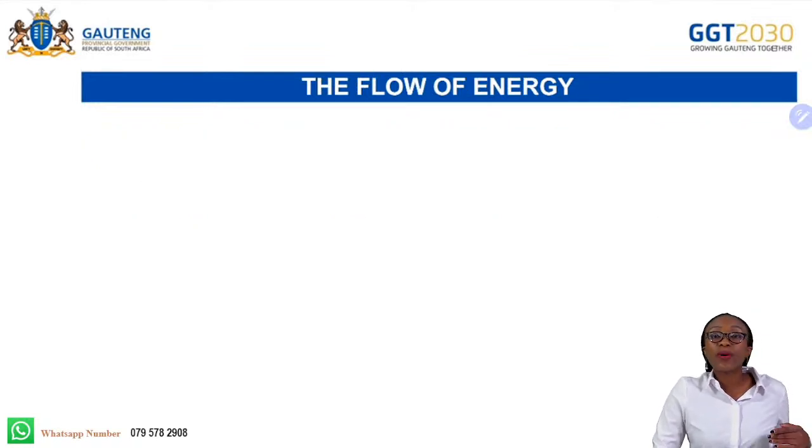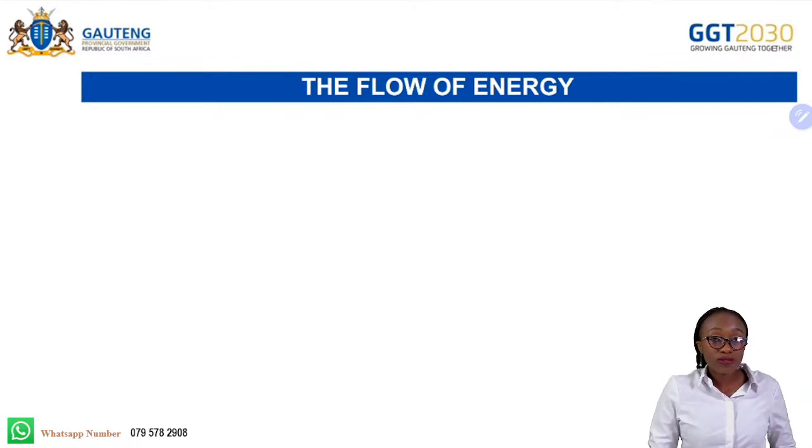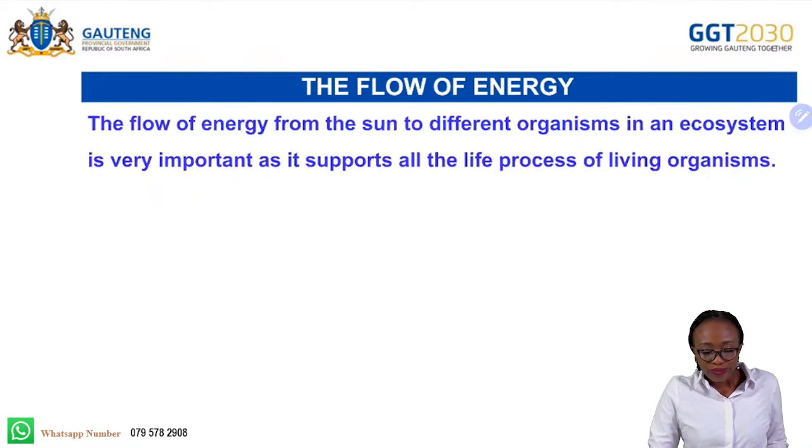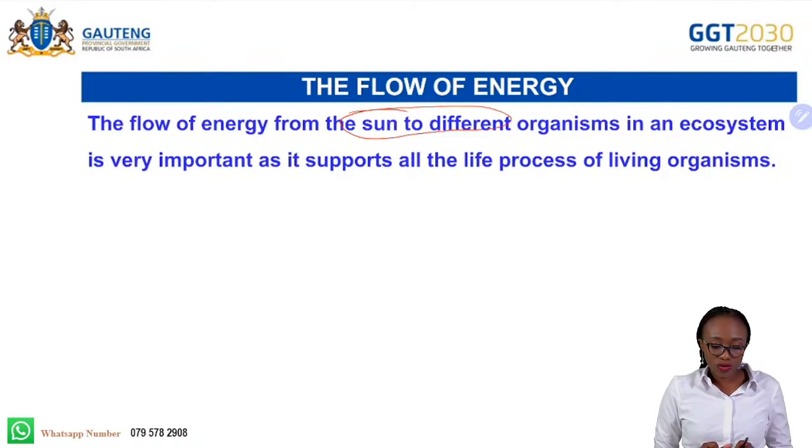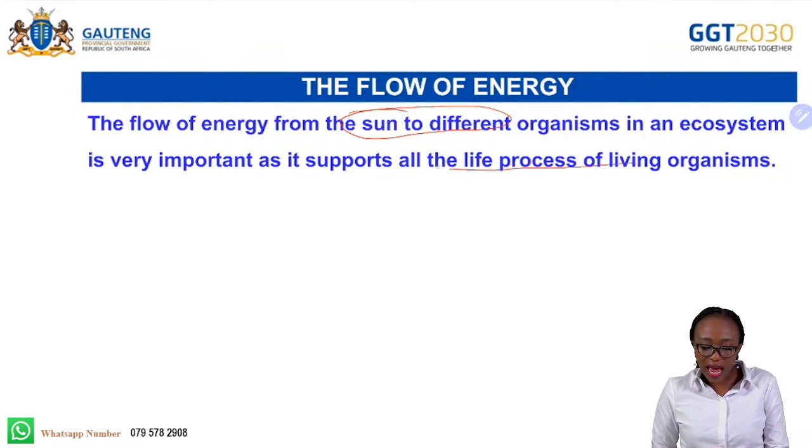Now let's learn about the flow of energy. How does the flow of energy work? Now, the flow of energy from the sun to different organisms in an ecosystem is very important. Why is it important? It is important because it supports the life process of living organisms.